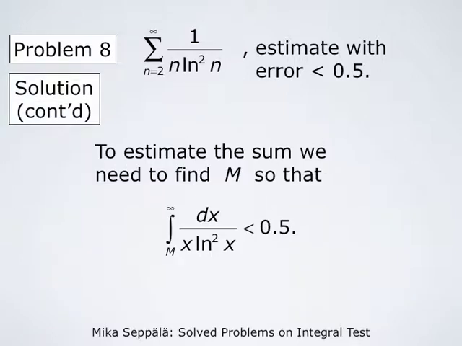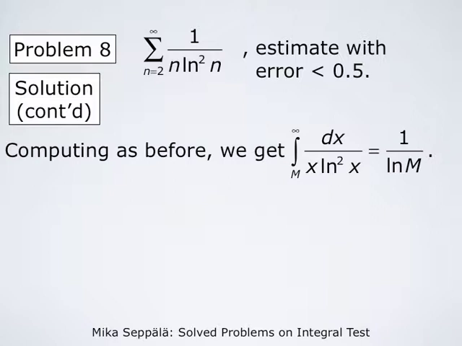So, in order to estimate this with a partial sum, and in order to be sure that the error is less than 0.5, we have to find m so that the integral from m to infinity of dx divided by x times ln squared of x is less than 0.5.